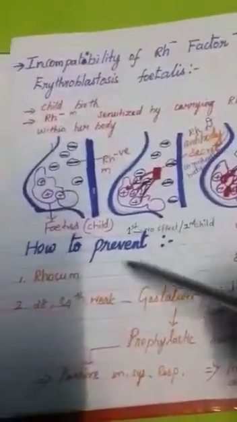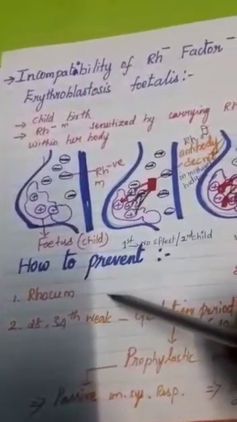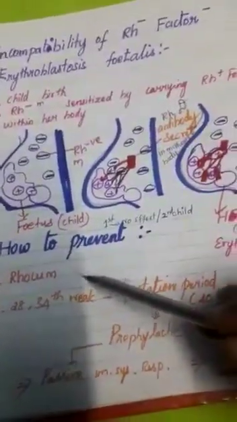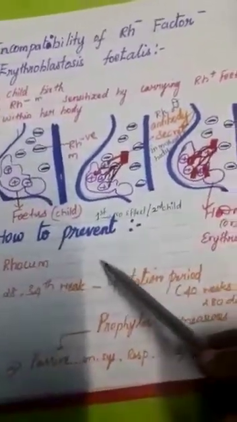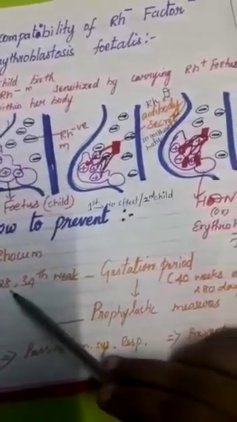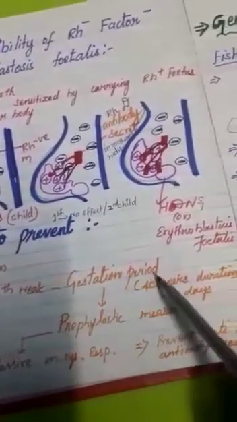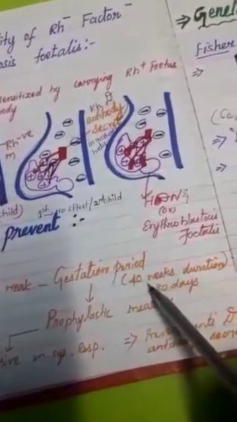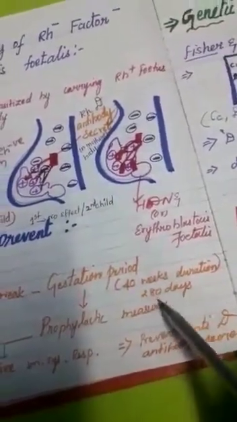How to prevent this disease? Rhogam is one of the medicines suggested during the first childbirth, given at the 28th and 34th week of the gestation period. The gestation period is a total of 10 months, 40 weeks, or 280 days.